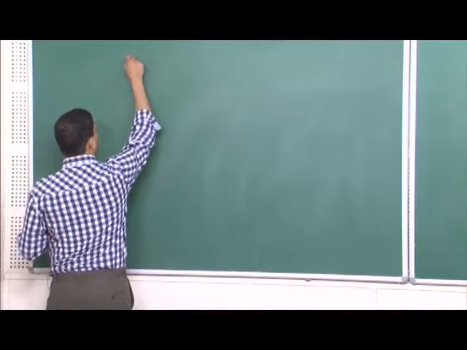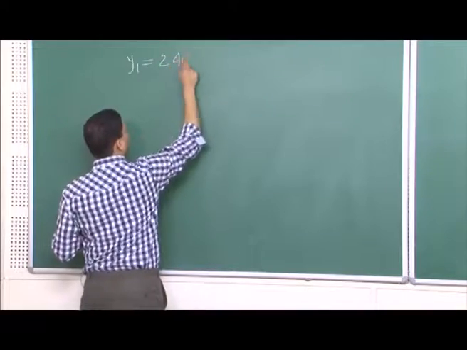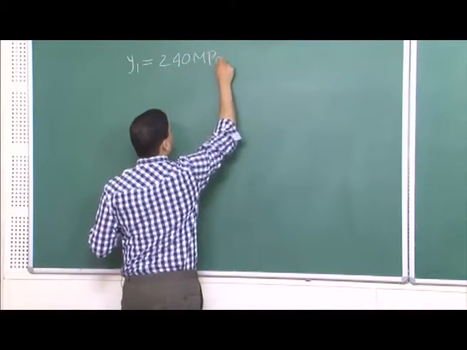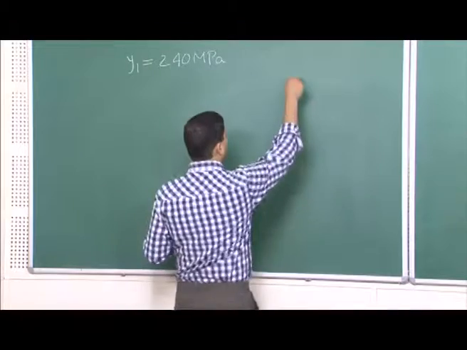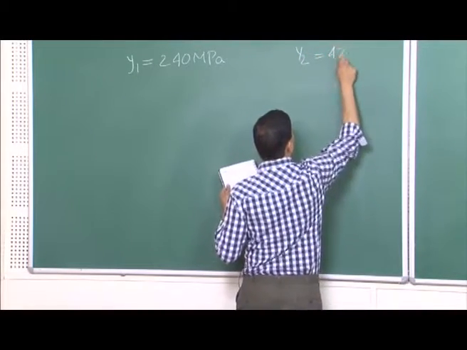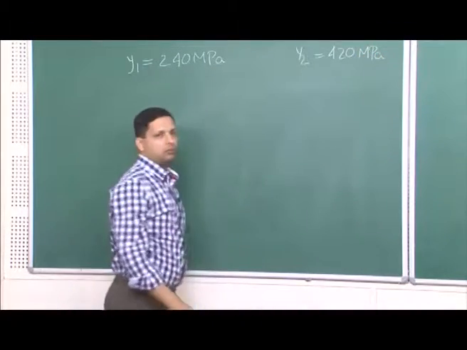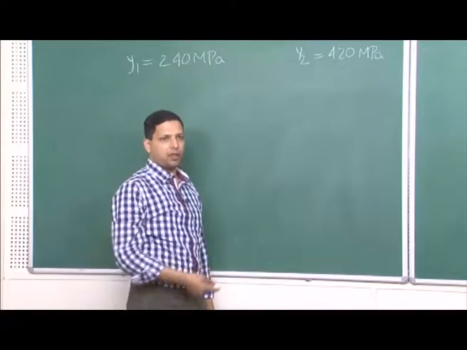The problem was that you were given two different materials. The yield strength of one of them is 240 MPa, which is a low carbon steel, and then there was a high strength low alloy steel, the yield strength for which was 420 megapascal. Based on that, first we solved a simple problem of how much the weight percent saving will be.